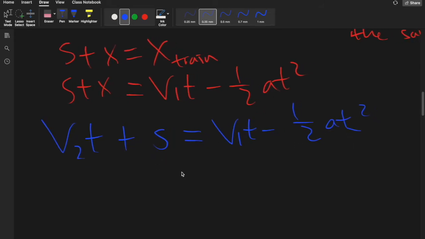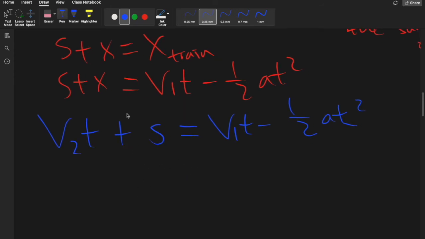So this looks like another quadratic equation, and we definitely know how to do it, right? You're just going to move this term to the other side.